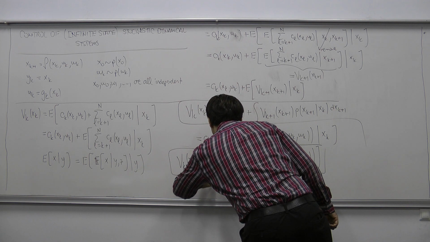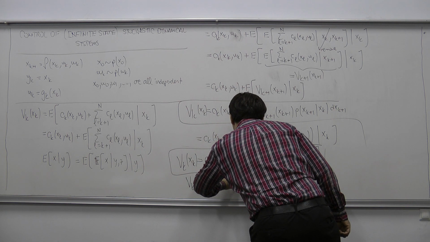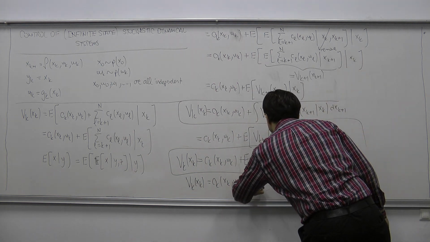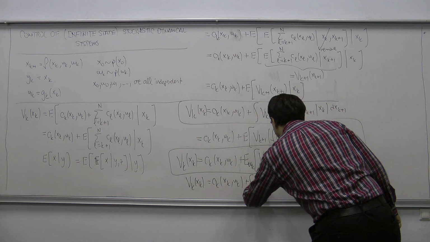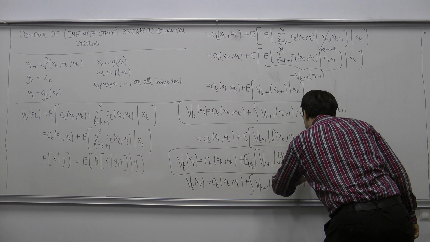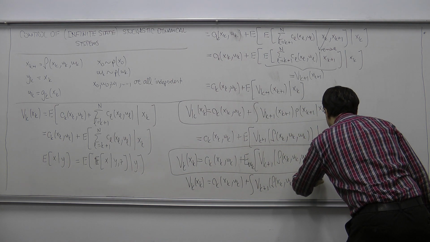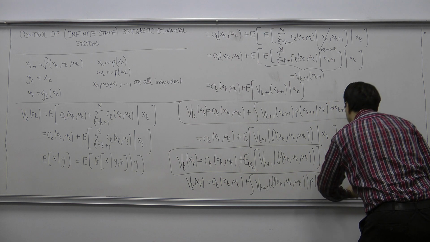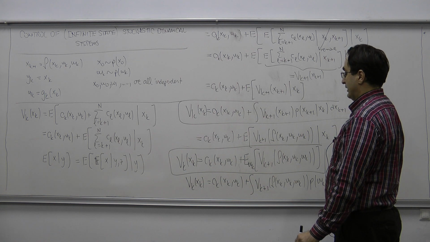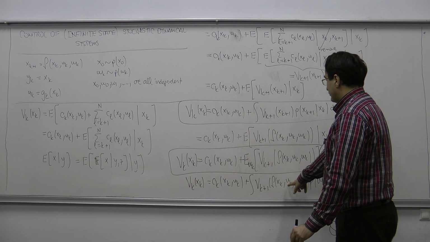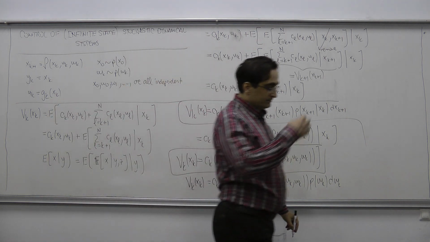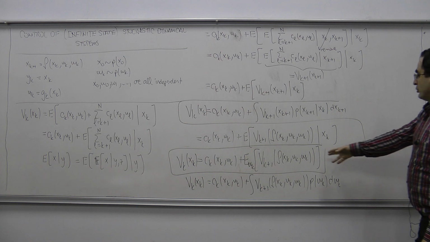V_k(x_k) is equal to c_k(x_k, u_k) plus, instead of this expectation, I can write an integral of v_{k+1}(f(x_k, u_k, w_k)) times the process noise distribution, dw_k. This is my expectation with respect to w_k. And of course, instead of u_k here, I can write g_k(x_k).